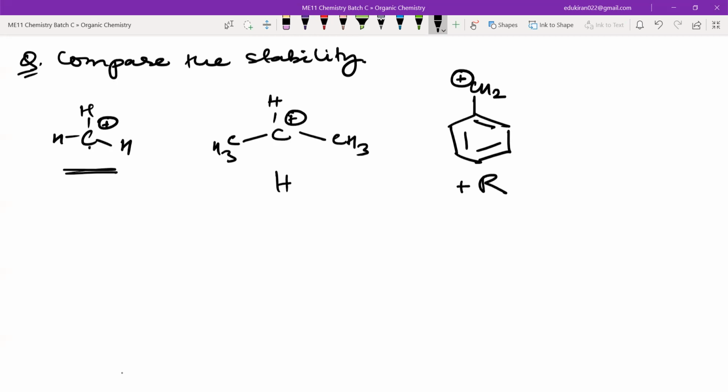Yes or no? So in this case you will always say that resonance is greater than hyperconjugation. Resonance is always greater than hyperconjugation.